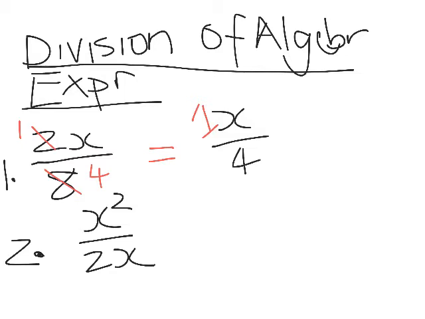Okay, the second example is a little bit more complicated. We have to remember law number 1 and law number 2 in exponents. We also need to remember the expanded form. I'm first going to look at the signs, everything we've learned so far.